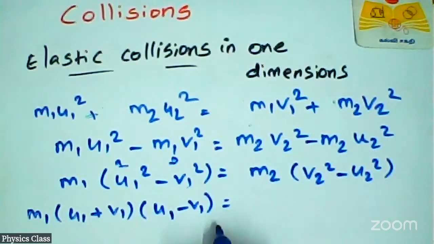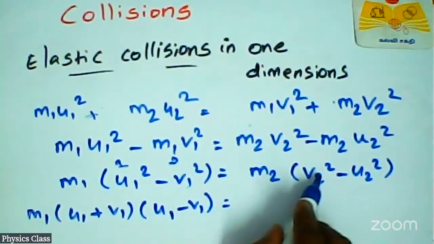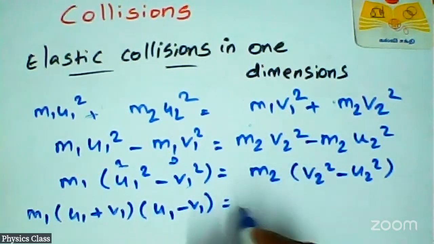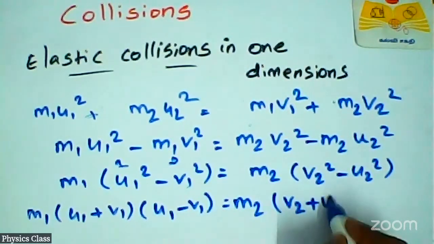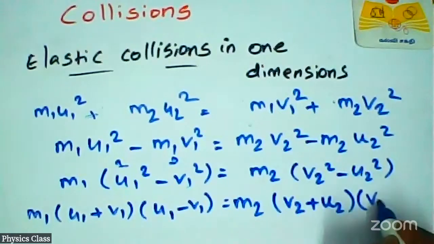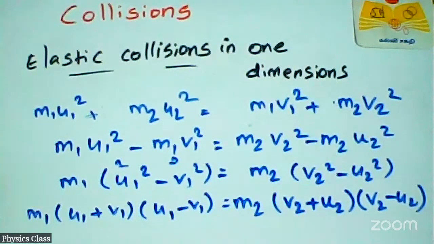That formula a square minus b square also applies here, so m2 times v2 plus u2 into v2 minus u2.